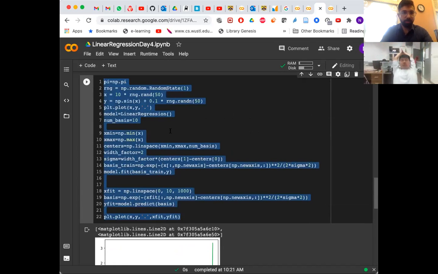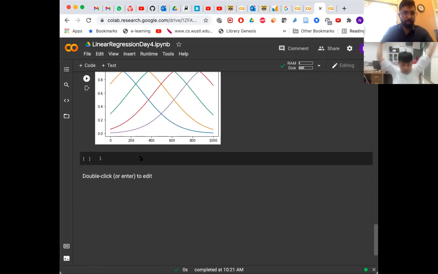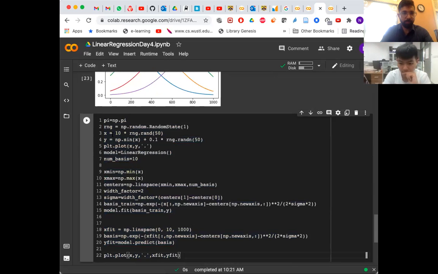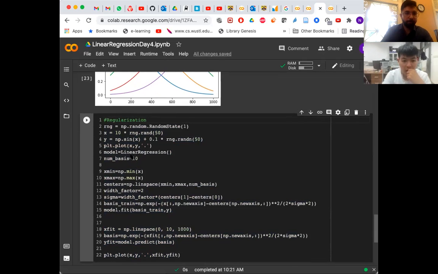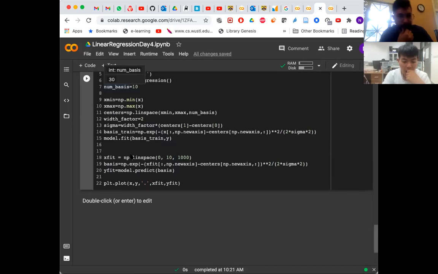Okay, so let me copy this whole thing. Put it here. Let's call this regularization. So I'm going to train, what should I do? Should we just do the ridge regression and look at it, or do you want to look at the ridge regression and linear regression in the same figure?